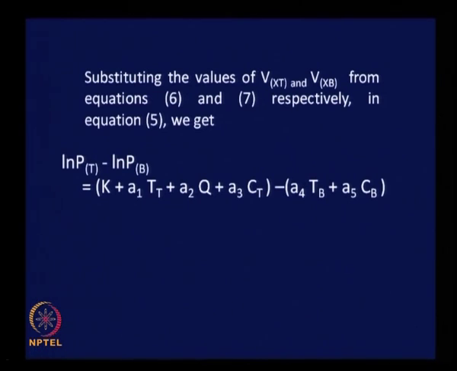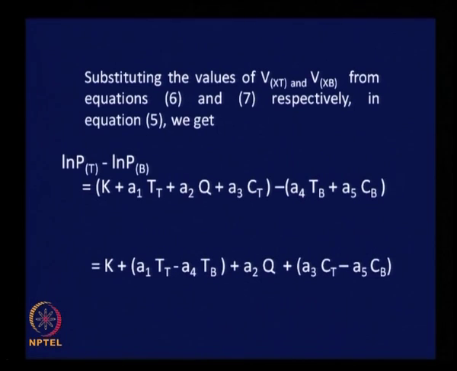Let us do some simplification or rearrangement of the terms like this. This can be written as K plus A1 Tt minus A4 Tb. I am bringing the similar variables together: A1 Tt minus A4 Tb plus A2 Q plus A3 Ct minus A5 Cb, right.